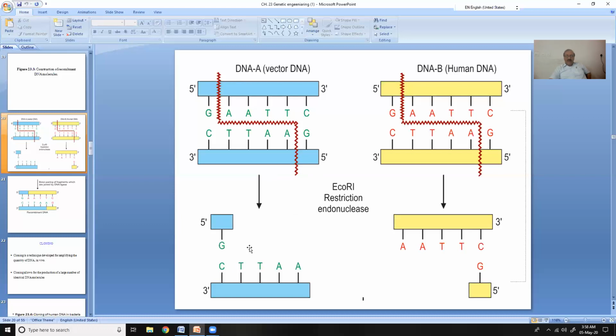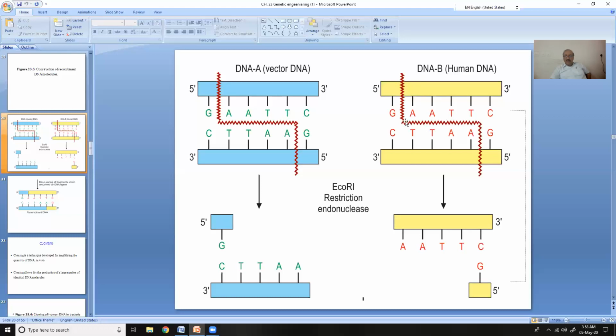So what do we get? We get a single element G and a molecule without G here. This G is separate, so we are getting a G here, and we are getting a segment here. You see the human one, the same, GAATTC.